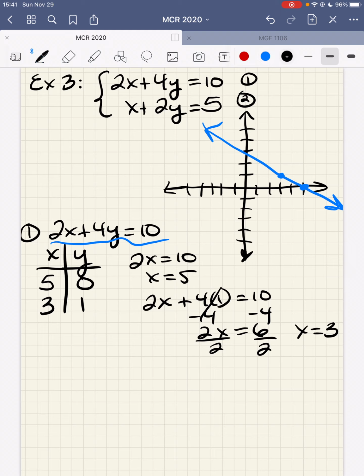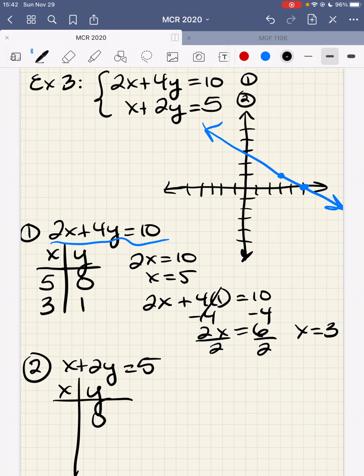Our next line, line number 2, is x plus 2y is equal to 5. I'm going to use the same thing I did with 1. I'm going to make y 0 first, because that gets rid of that 2, because 5 is odd. So I have x is equal to 5. Boom, nice and easy. I can go ahead and make y 1.